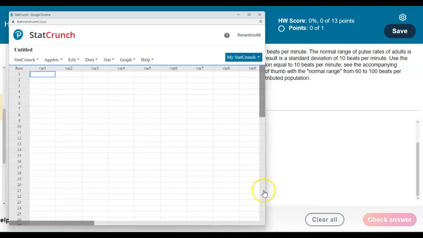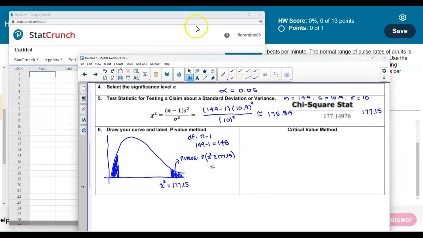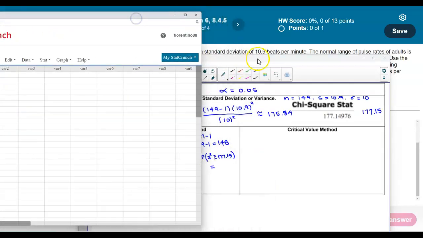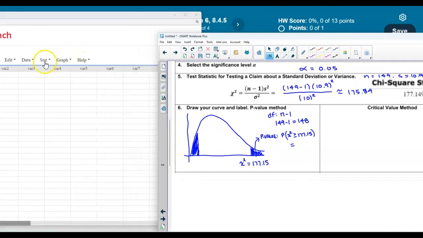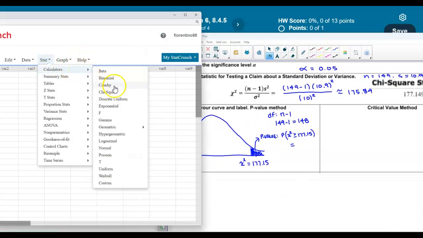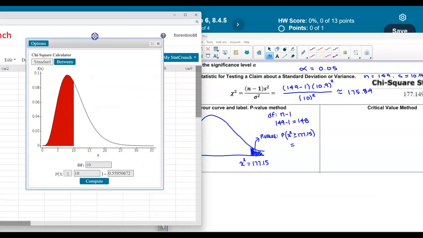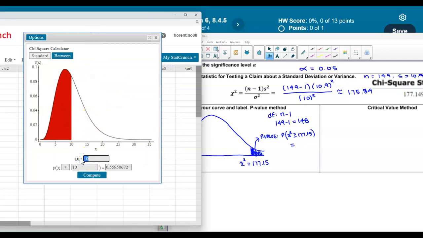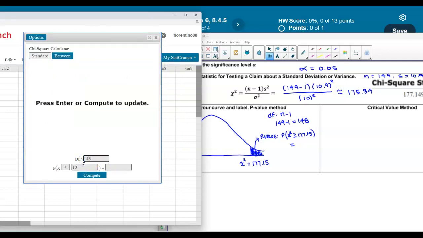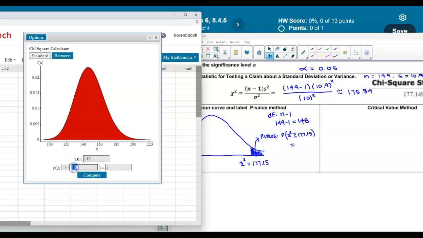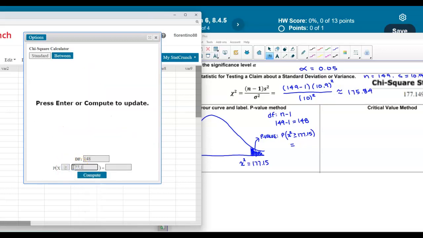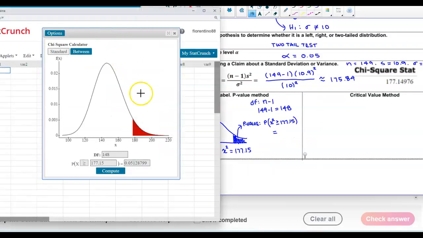So we open up StatCrunch. What we want to do now is go to Stat, then Calculators, and then Chi-Square. We're going to put in the degrees of freedom, which is 148, and then say this is going to be greater than, and put in the test statistic of 177.15, and so therefore we're going to get this p-value here.